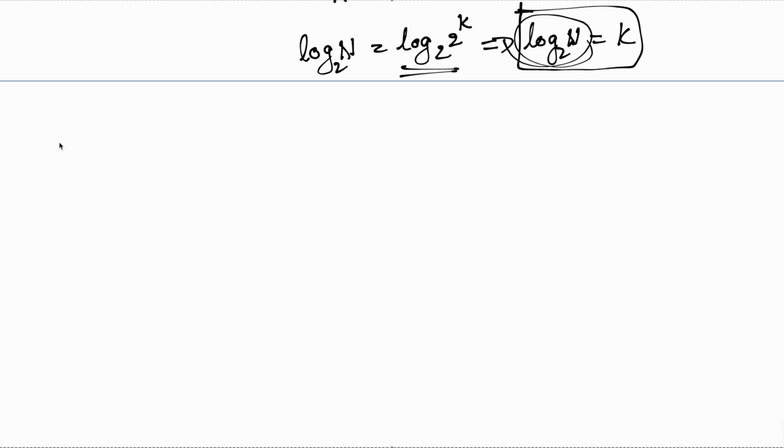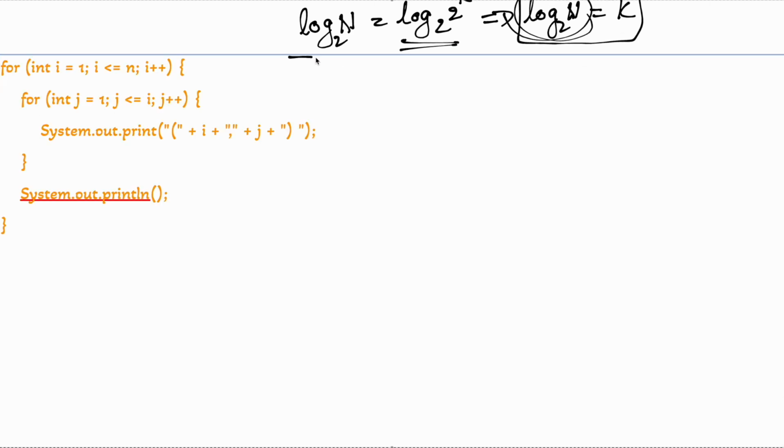Let's take another example. Here we see what is happening. For the first loop it is from 1 to n. And for each of these, the inner loop is from 1 to i.